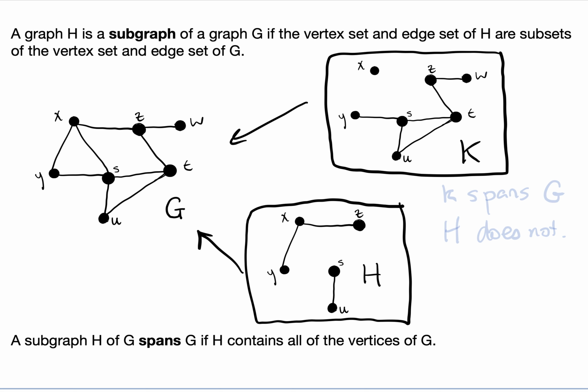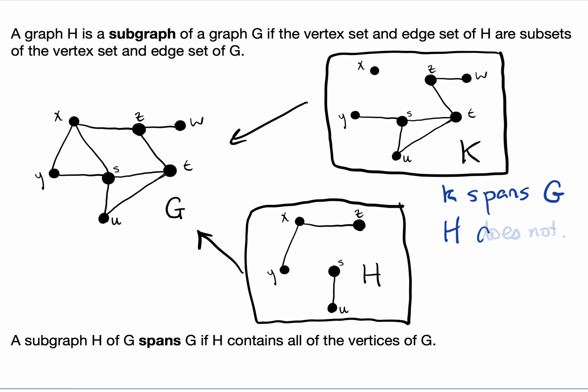A subgraph H of G spans the graph if H contains all of the vertices of G. So we see in this case that K spans G because K contains all the vertices that G contains, but H does not.